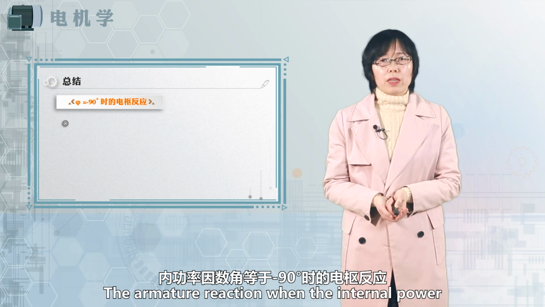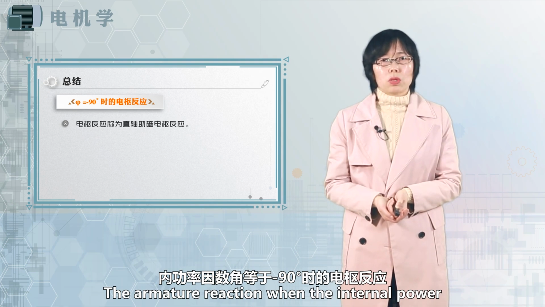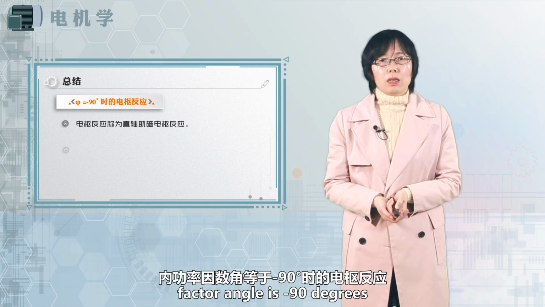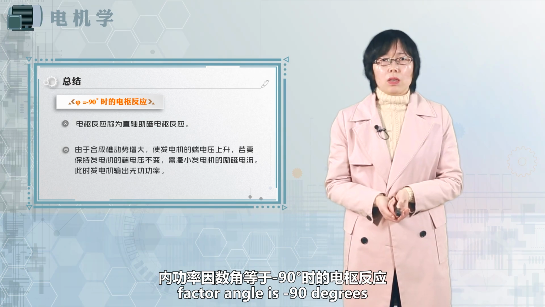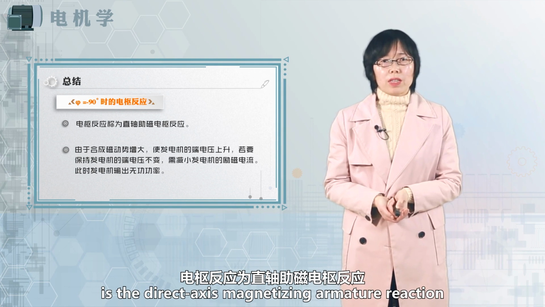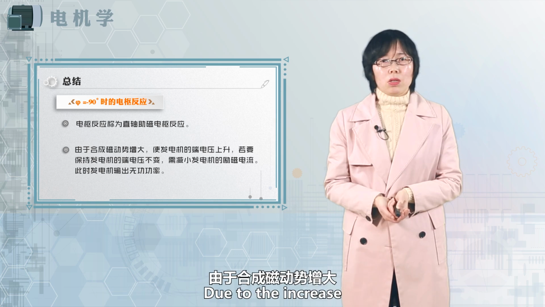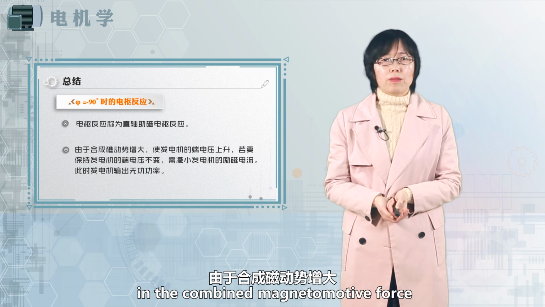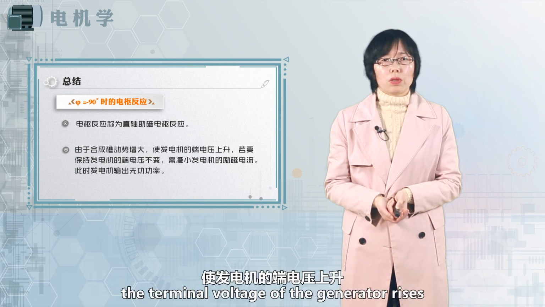The armature reaction when the internal power factor angle is minus 90 degrees is the direct axis magnetizing armature reaction due to the increase in the combined magnetomotive force. The terminal voltage of the generator rises.